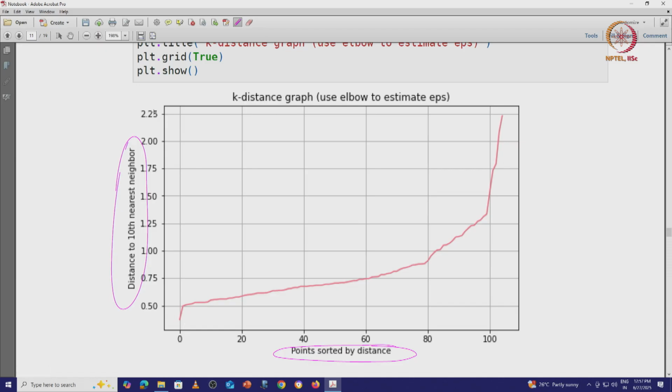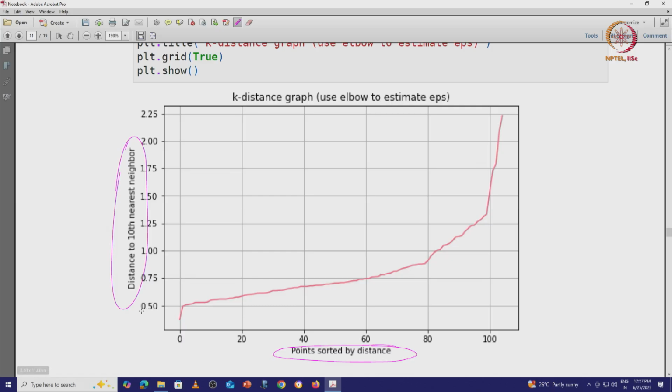So if you're looking at larger and larger distances like 2.25 here, then you see that almost all the points, the data set has 150 points, as you know, this is about 120 or something here, and you are able to see that right at this threshold almost all the points in the data set are included.